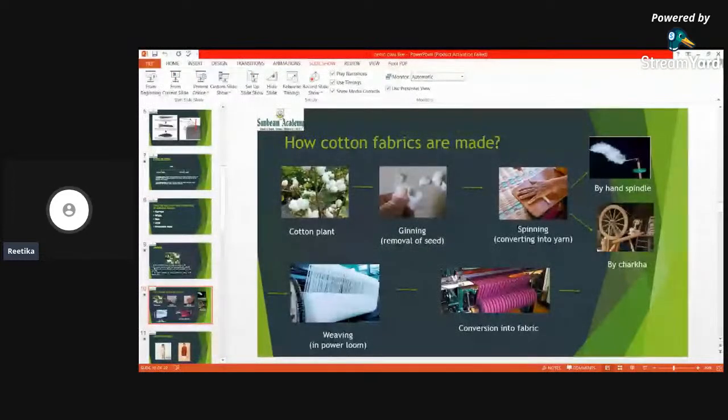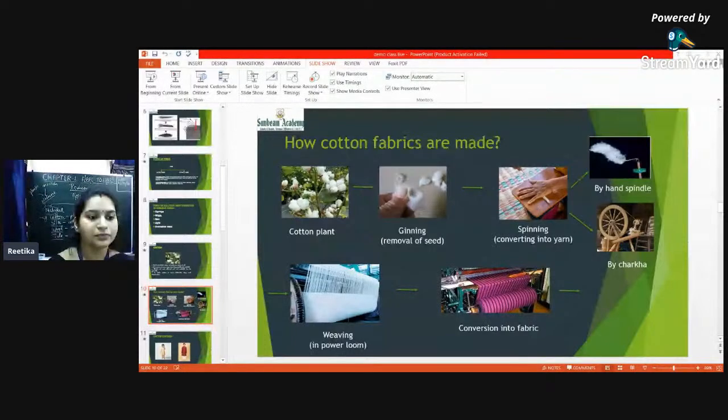So now coming to this. Okay. Now, can you see this figure, children? How cotton fabrics are made?